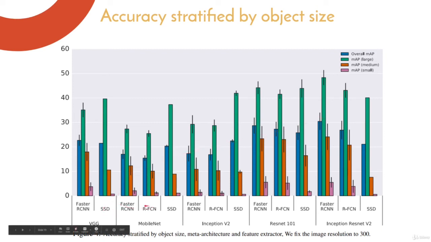So apart from this, we can see that, for example, with SSD here, with large objects, it's still doing very good compared to faster RCNN.